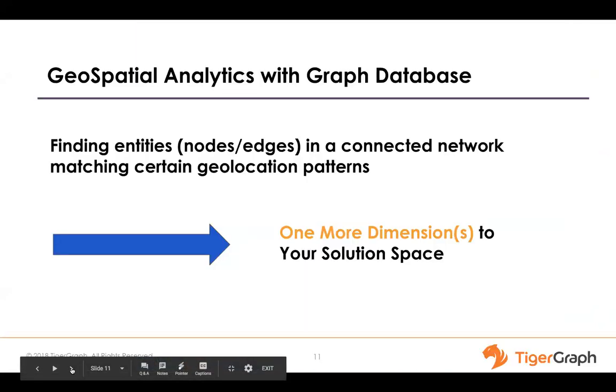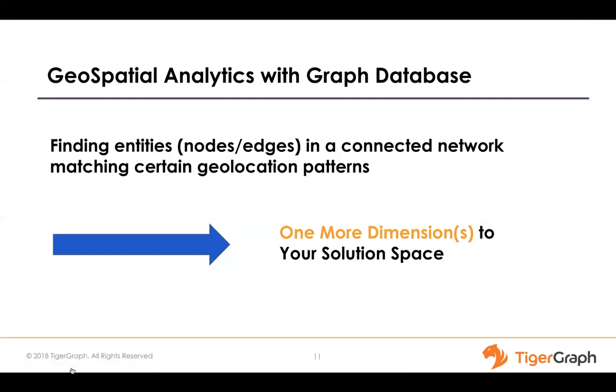What does it really mean to have geospatial analytics with a graph database? It is really about defining the entities in a connected network, matching certain geolocation patterns. And these entities are modeled in a graph database as nodes and edges.